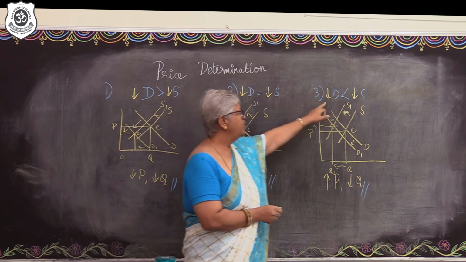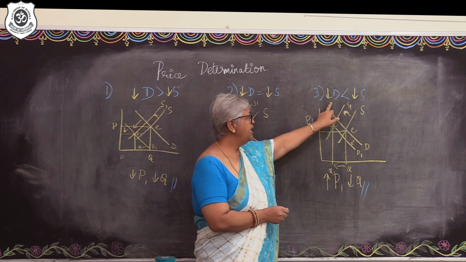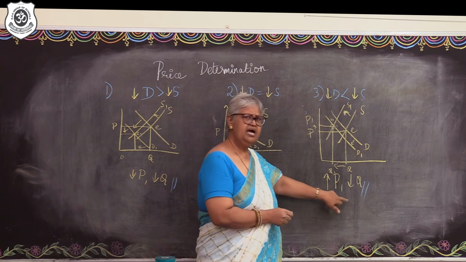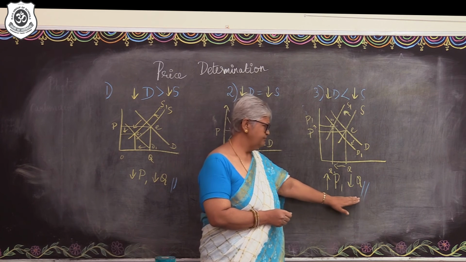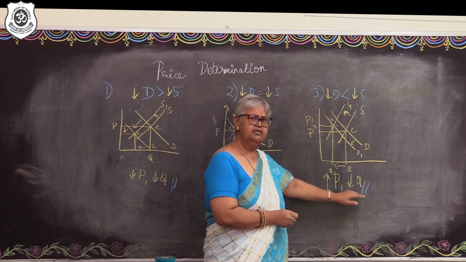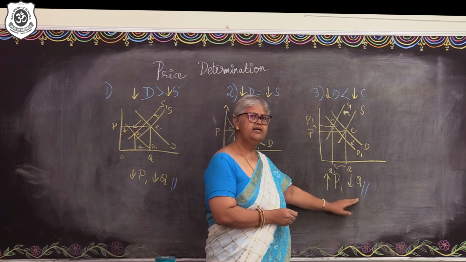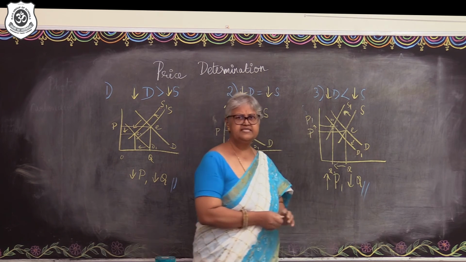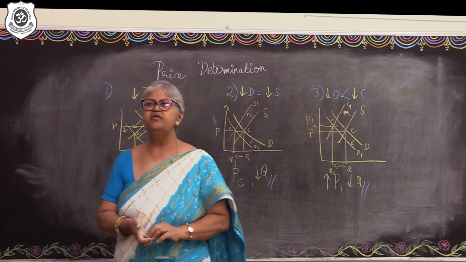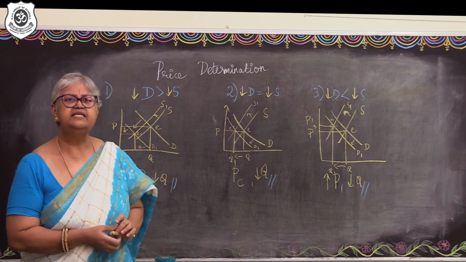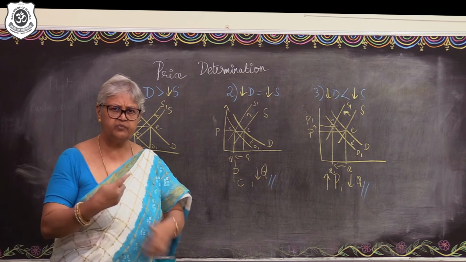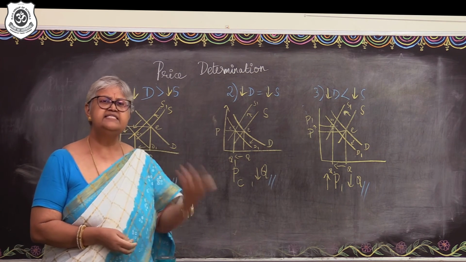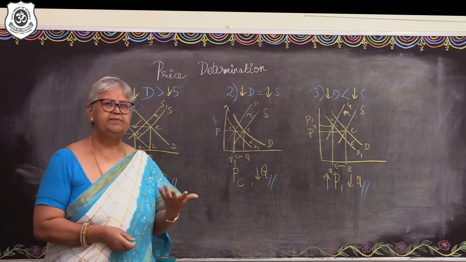And at last, when the fall in the demand is lesser than the fall in the supply, then the market price is higher, the output is lower, and the new equilibrium is attained at a high price. So these are the three different outcomes that we understand in reality when there is a change in the demand as well as a simultaneous change in the supply.